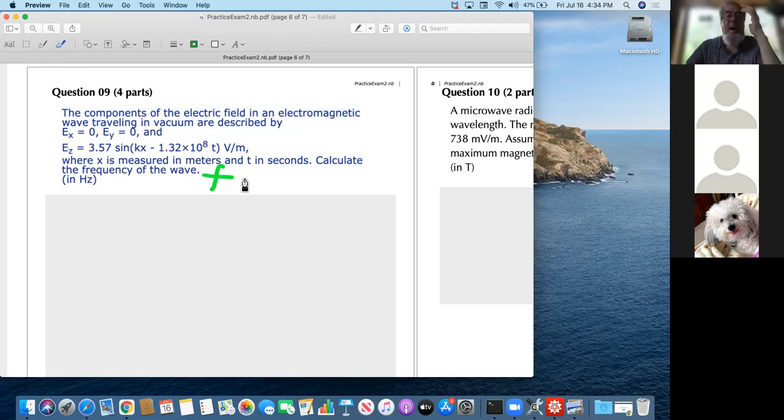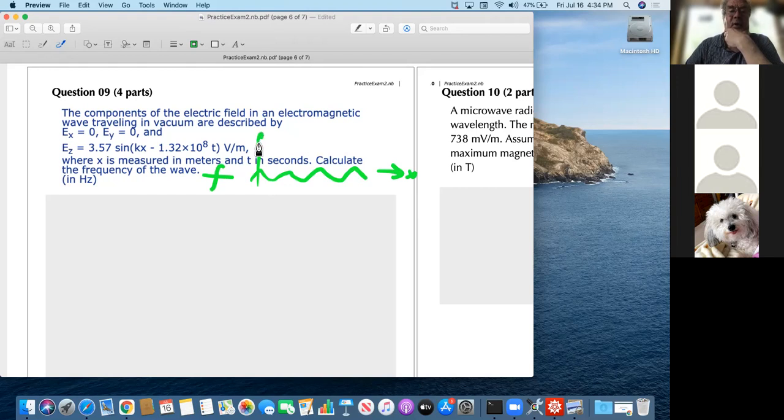As the wave goes by you, here's the wave, and it's traveling in some direction. Well, you can see it's traveling in the x direction. So it's going in the x direction. It's oscillating in the z direction.